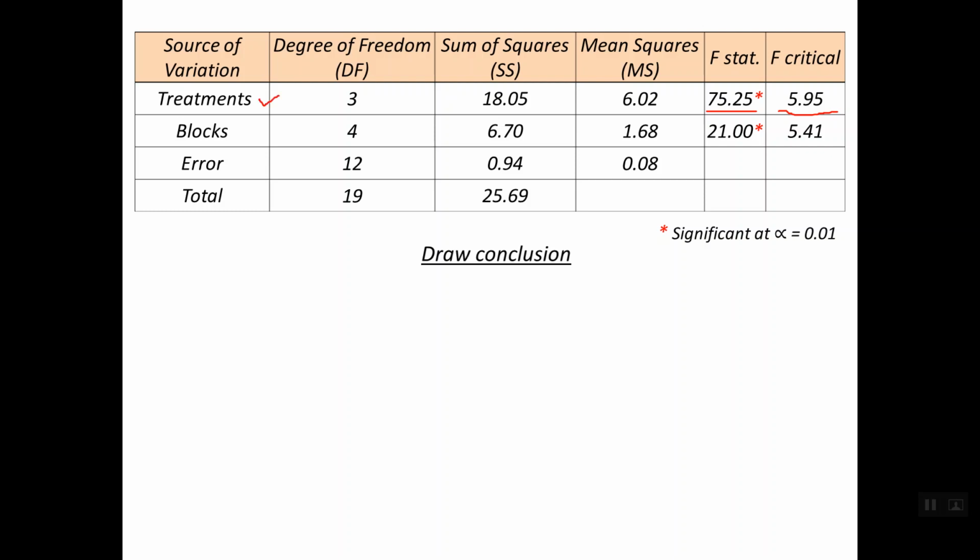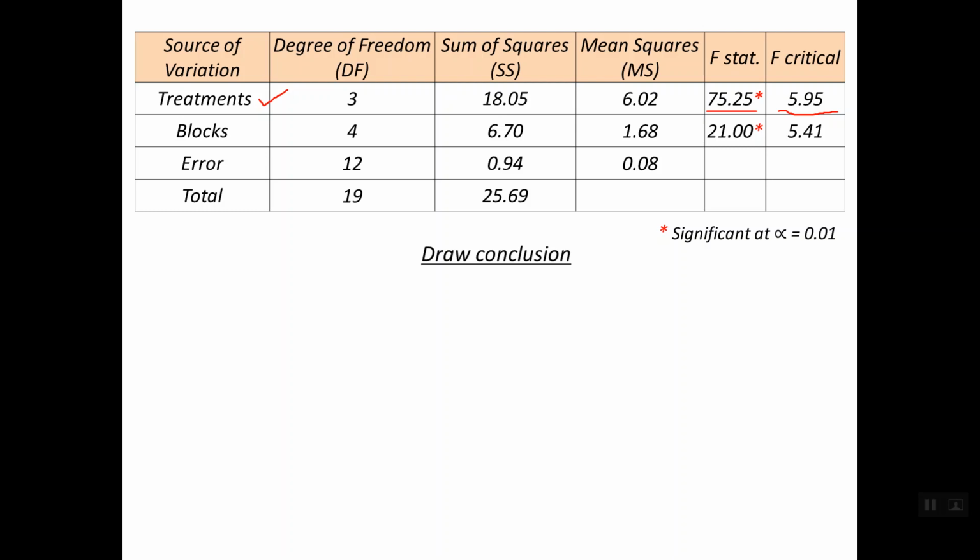For example, for the treatments, we see that the value of the calculated F, which is 75.25, is significantly greater than the value of the F critical, which is 5.95. So for the treatment, we conclude that there is a significant effect because the value of the F statistic is greater than the F critical.